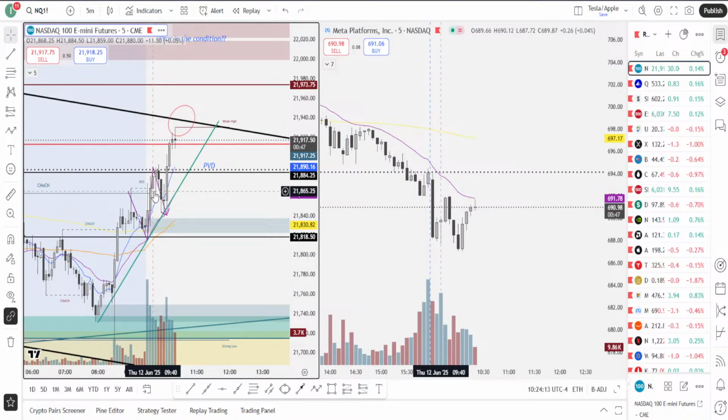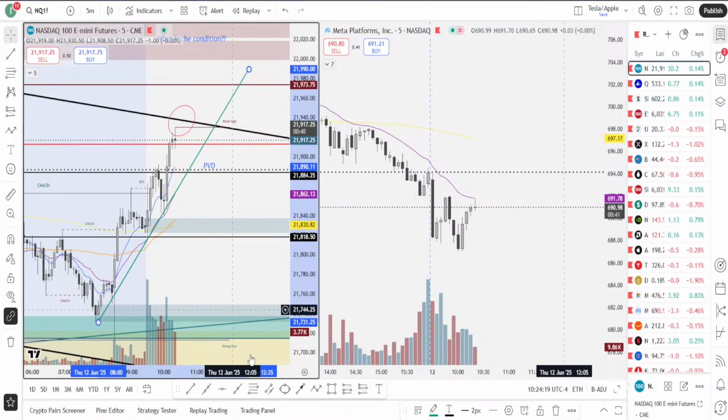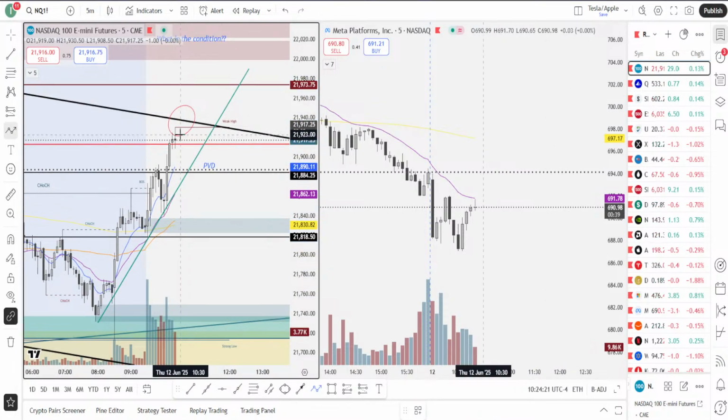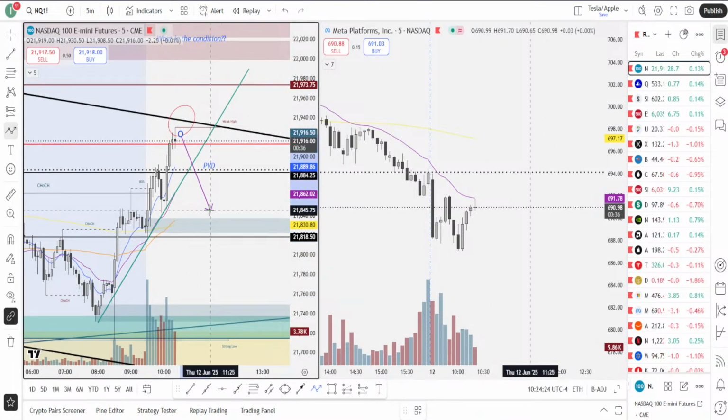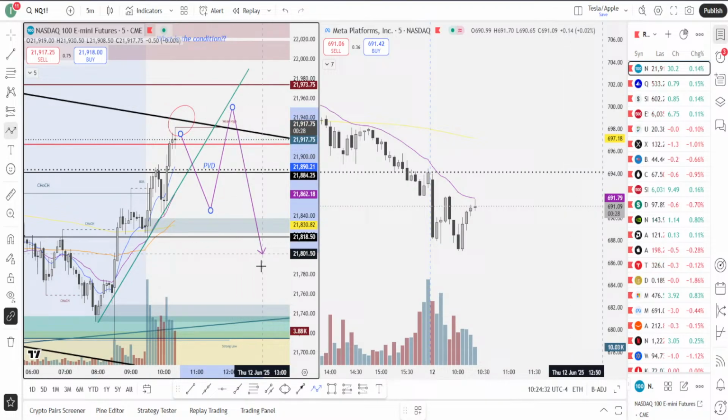So if we're looking to sell this market, we would want to see this trend line or this support break. We want to see the support break, and we want to see either a lower high. In some cases you might get a higher high and then it'll flush.